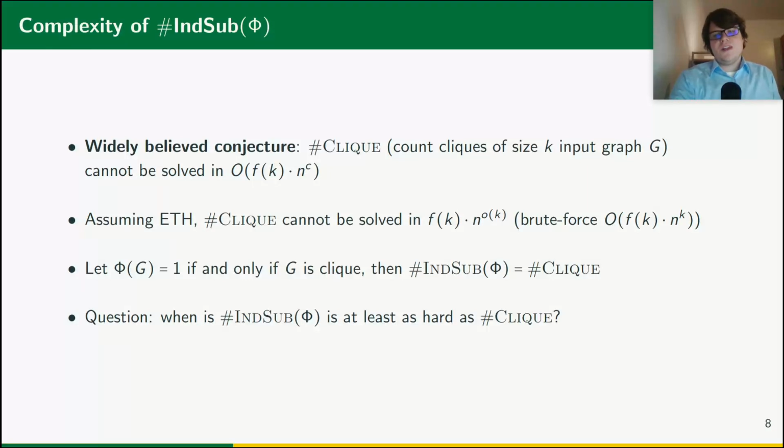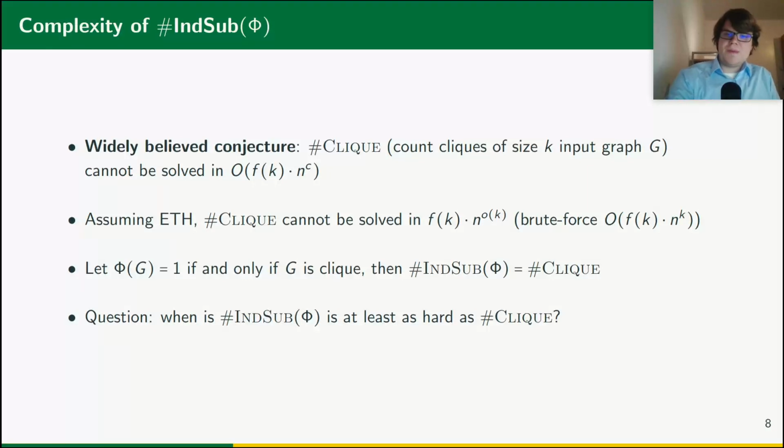And it's widely believed that such a problem cannot be solved in runtime f of k times n to the c, where f of k is some arbitrary computable function. So it could even be something very huge like the Ackermann function, and c could be 1 billion, and still we believe that we cannot achieve a runtime of that form.